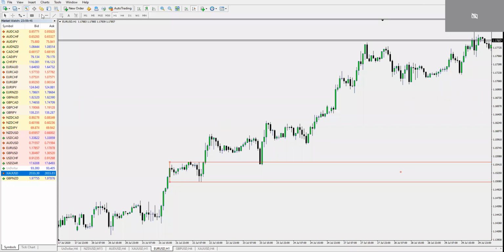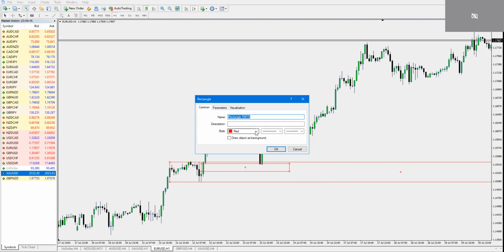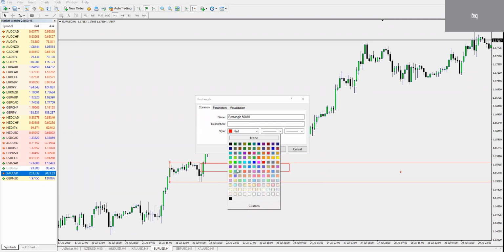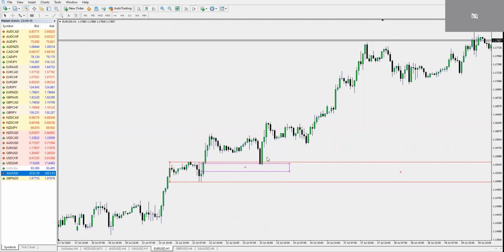So now I'm on a 1 hour chart. Well, here we go. There we have another gap in price over here, an imbalance, a fair value gap on a 1 hour time frame inside of the 4 hour order block. Sorry, inside of the 4 hour order block, we have a 1 hour fair value gap.